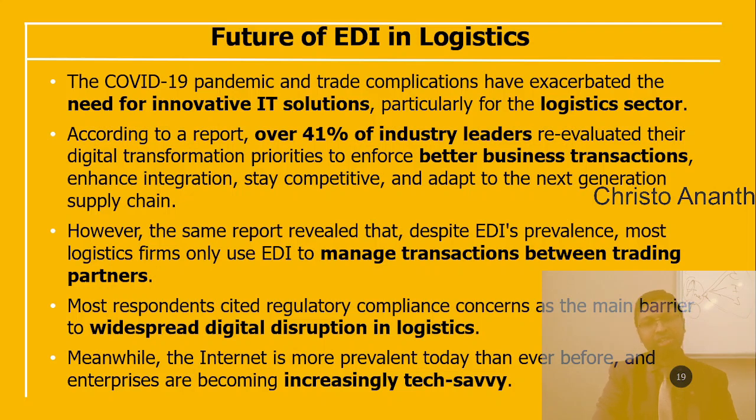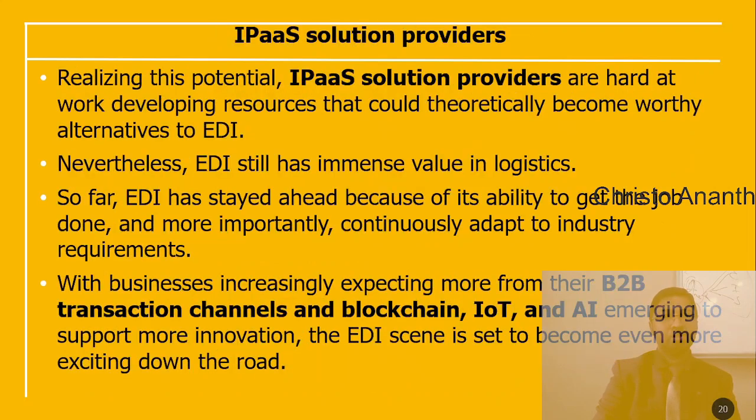Okay, the internet is also even more prevalent, and of course enterprises are bringing in this technology, with rapid advancements in each of the processes. And of course IP as a service. Internet protocol as a service solution providers are also working hard on developing resources that can become alternatives to EDI.